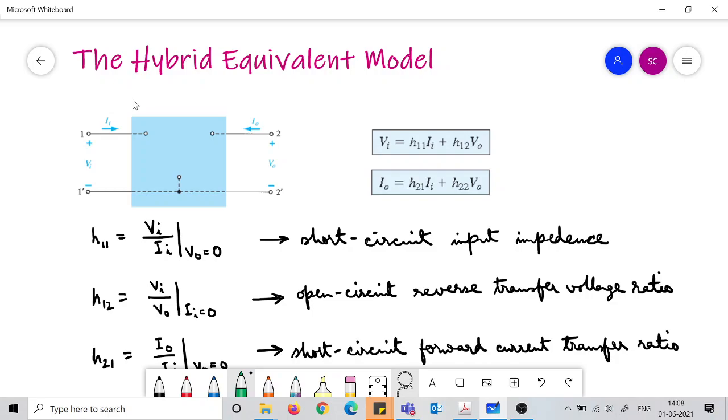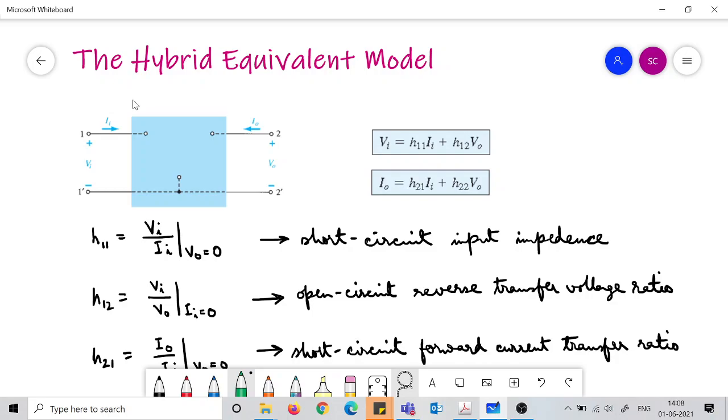But in the hybrid equivalent model, how are we proceeding, let us see. So in hybrid equivalent, just forget about everything about the RE equivalent model for the time being. Just erase everything from your memory for the time being. Just consider that the BJT is, after all, a 3-port system. There is a base, an emitter and a collector.